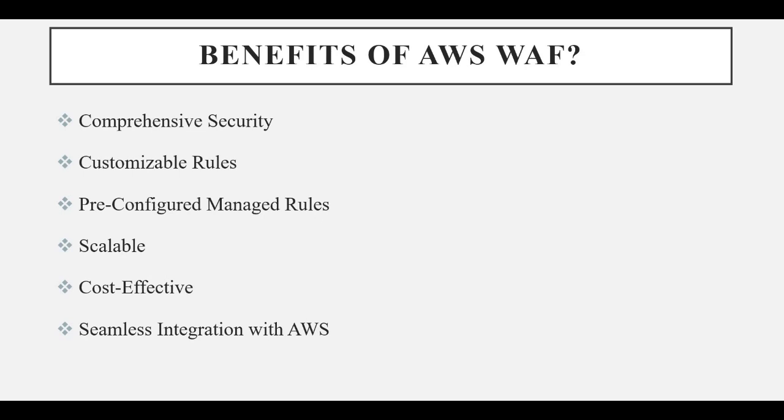The first one is comprehensive security, right? The AWS web application firewall provides strong protection against common web threats such as SQL injection and cross-site scripting, ensuring your application remains secure from these types of attacks. I've already told that in the previous slide, that is why we need it: attacks like SQL injection, cross-site scripting, or DDoS, right?